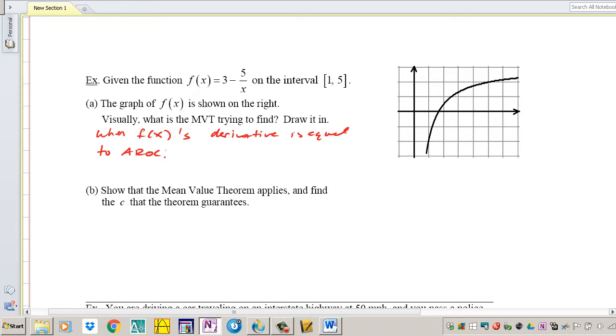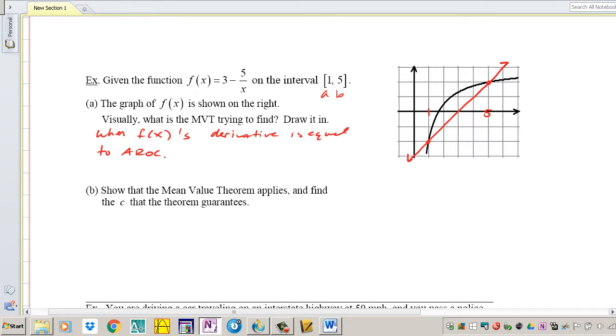So let's draw it. We're on the interval from 1 to 5. That's my a to my b. This is 1, 2, 3, 4. This is 5. All we have to do is draw 2 dots at these endpoints, and draw a secant line.